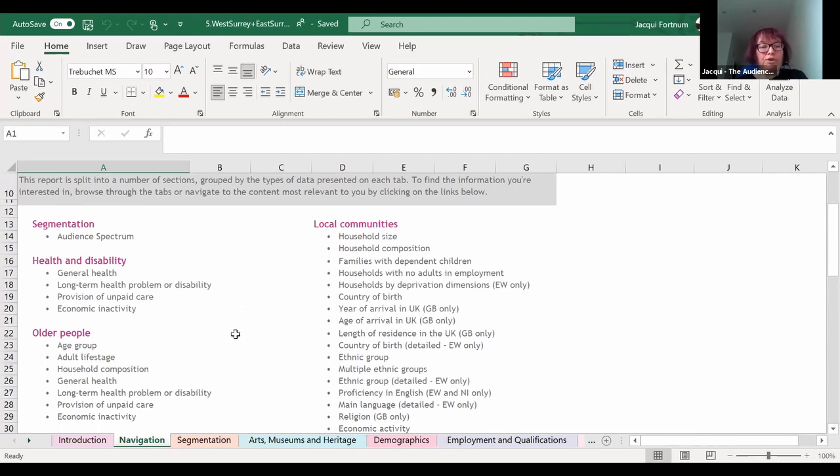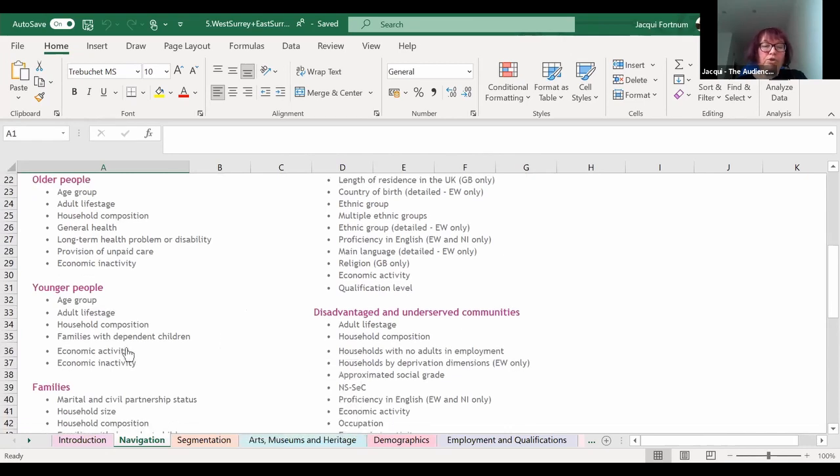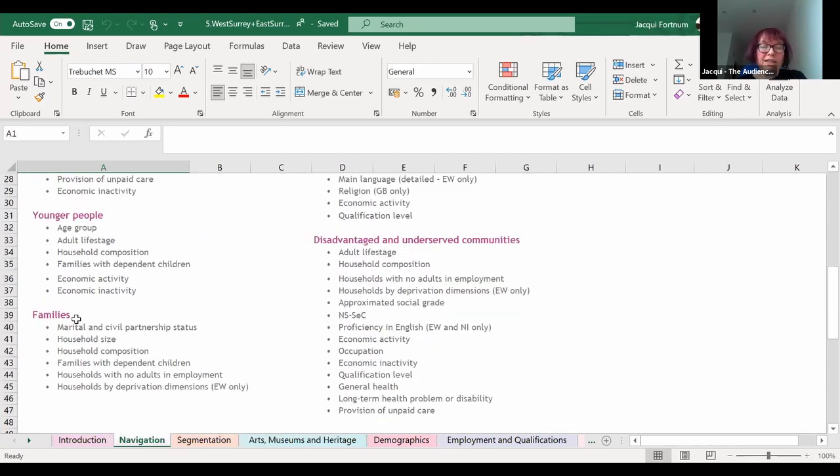So, for example, if you're planning a family program, you can look at the family data and the household makeups that are in your area to see whether something targeted at early years, or something targeted at multi-generational activities, or something that's aimed more towards older children and teenagers is likely to be more effective, because that's who's actually in your catchment area.